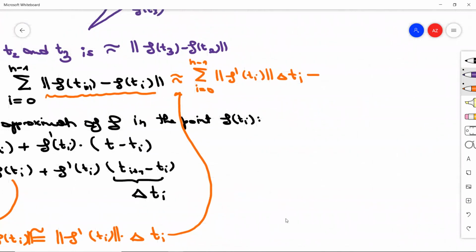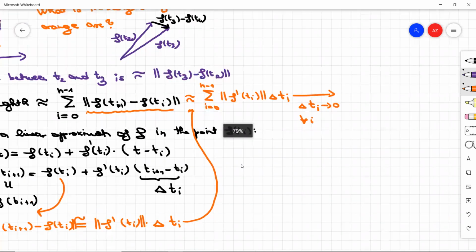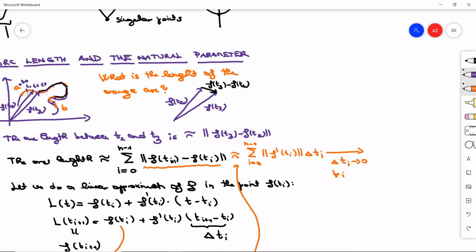And now we send the differences between the t_i's to 0, for every i, which means geometrically that we make a dense division of the arc whose length we want to calculate. Does anybody see what we get as a result of this limiting process?